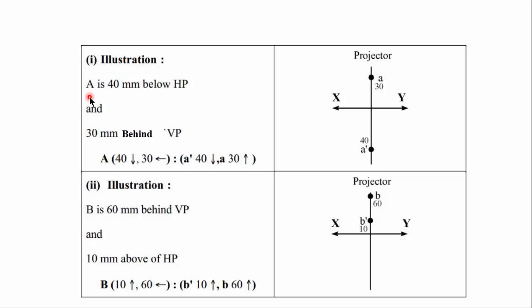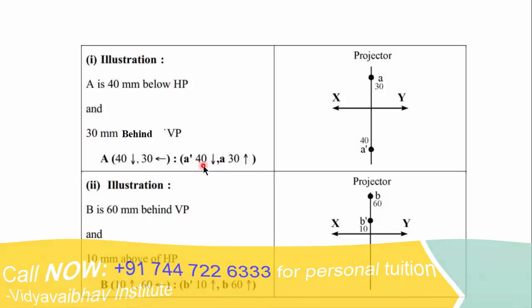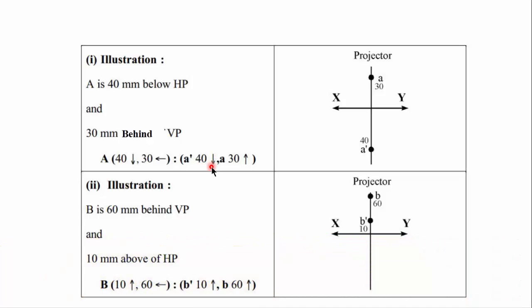Look here. Point A is 40 mm below HP and 30 mm behind VP. Writing these specifications in our format: Point A, 40 down, 30 mm behind. Against these details directly give position of elevation, hence A dash is 40 mm below XY line.